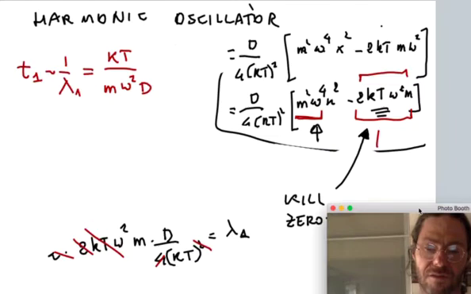If you look at this, it may look like a sensible thing. Why? Well, if the particle is very heavy, look at the time it takes to equilibrate. There's no real mass in the harmonic oscillator. This mass comes from something we put there from the very beginning.